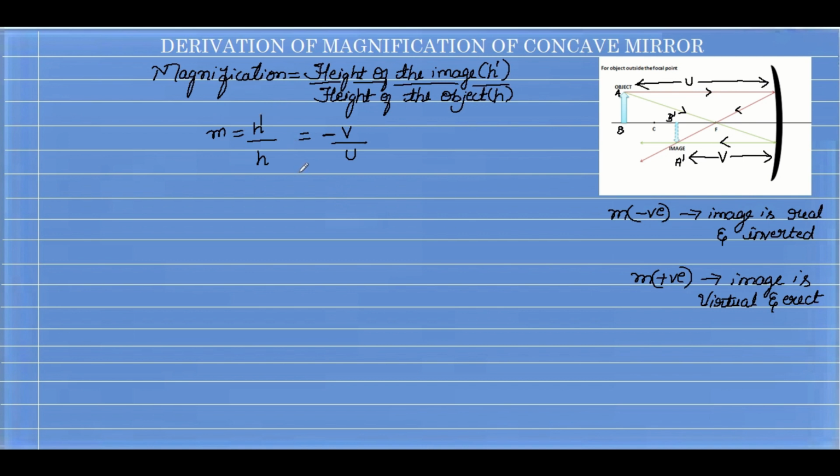Then the magnification M is also related to the object distance U and image distance V. So M is equal to h dash by h is equal to minus V by U.